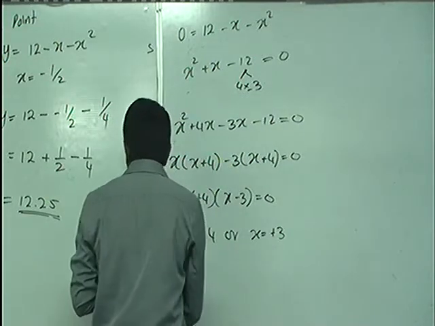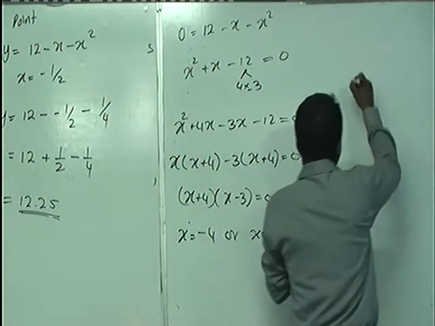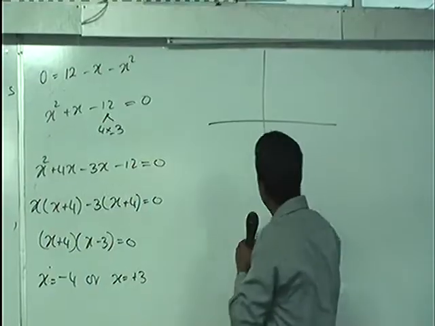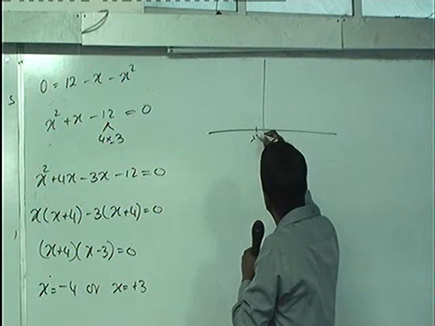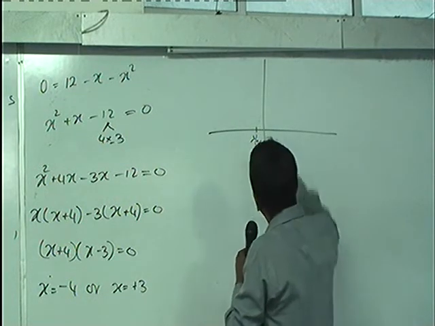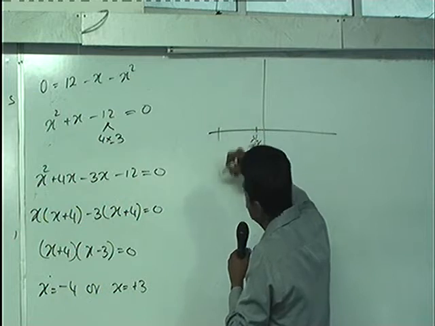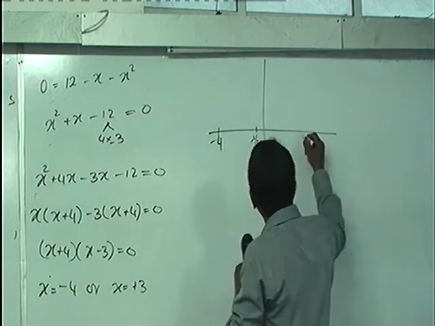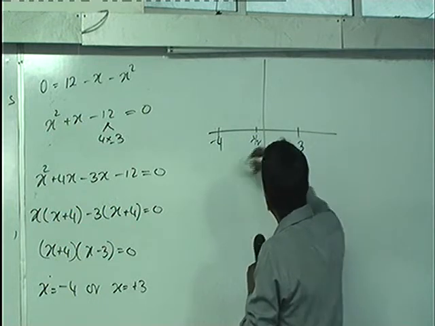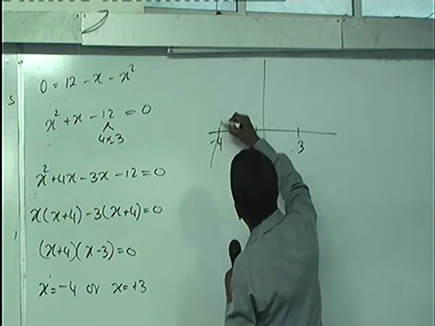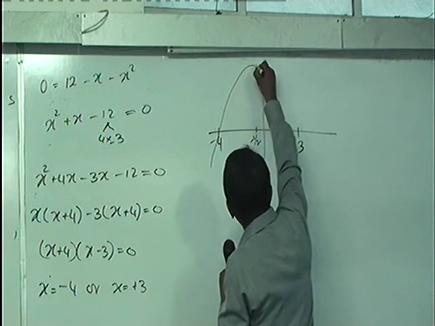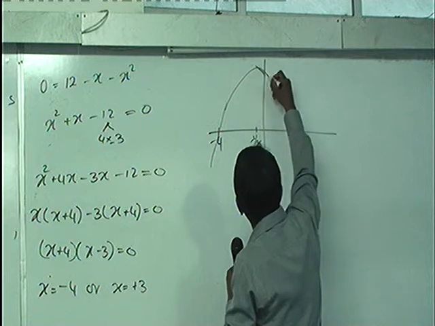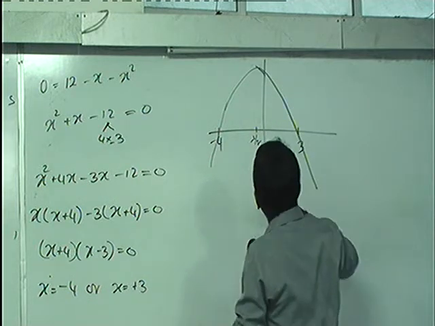Now I can draw the curve. Everything is fine. The curve passes through x equals minus 4 and x equals plus 3, goes up, turns here at x equals minus half, which is the maximum point, and goes down from here.